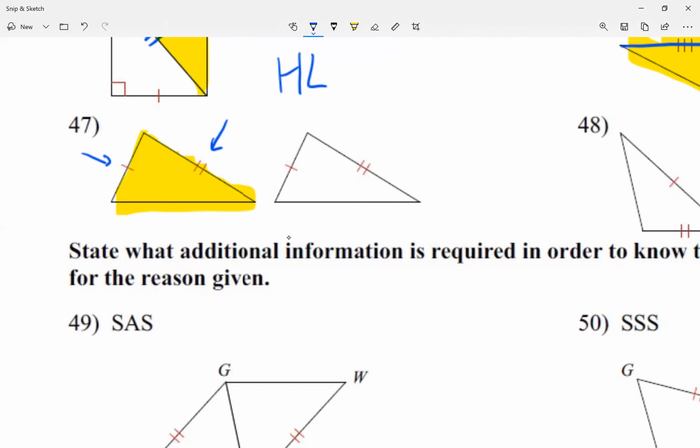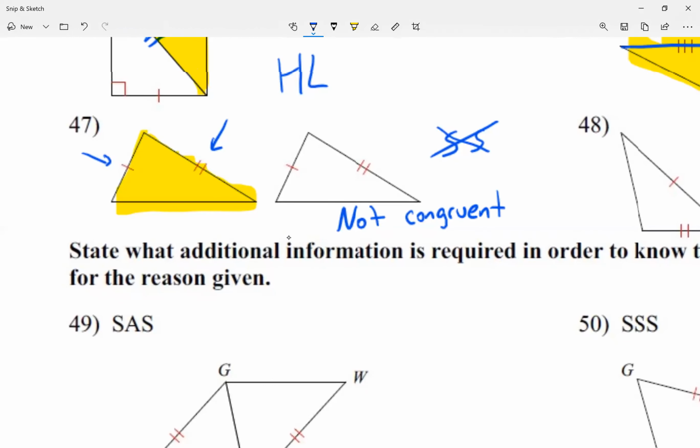Those are my only two markings. So for a beginning, let me write two sides. Now I need 3, not 2. 2 is not enough. So this one doesn't quite work. I need 3. I don't have 3. So what I'm going to write, I'm going to call this not congruent.